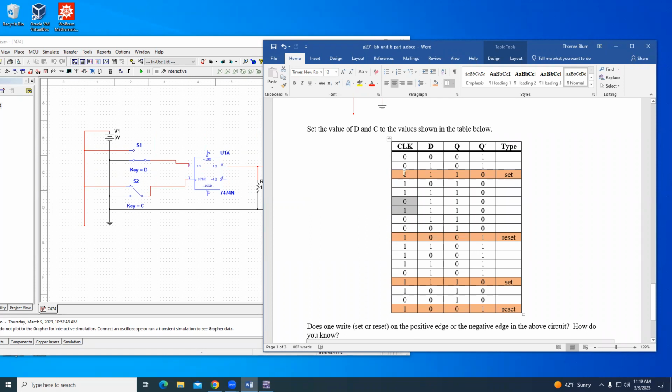So where is a negative edge? A 1 going to 0, a 1 going to 0, a 1 going to 0. Here I have a 1 going to 0, and the D and the Q are not the same. So we're not writing on a negative edge, but we do seem to be writing on the positive edge. So this was the other positive edge, and I'm going to call that a set.